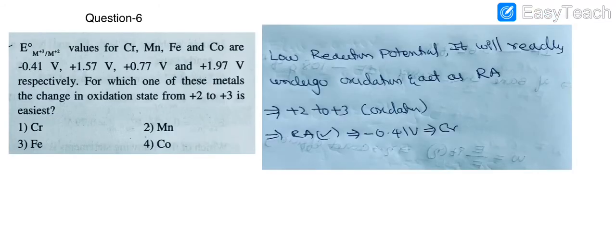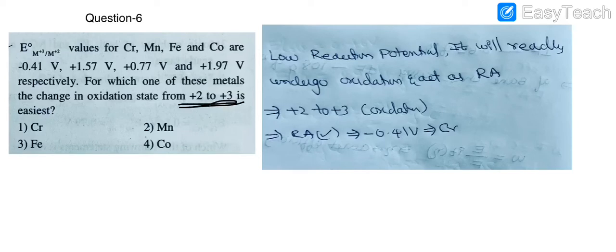Okay. Next model, a simple model. They give the reduction potentials and ask for which one of the following metals the oxidation state change from +2 to +3 is possible. Here it is going through oxidation, which means the metal acts as a reducing agent. So they are indirectly asking which of the following is a strong reducing agent.